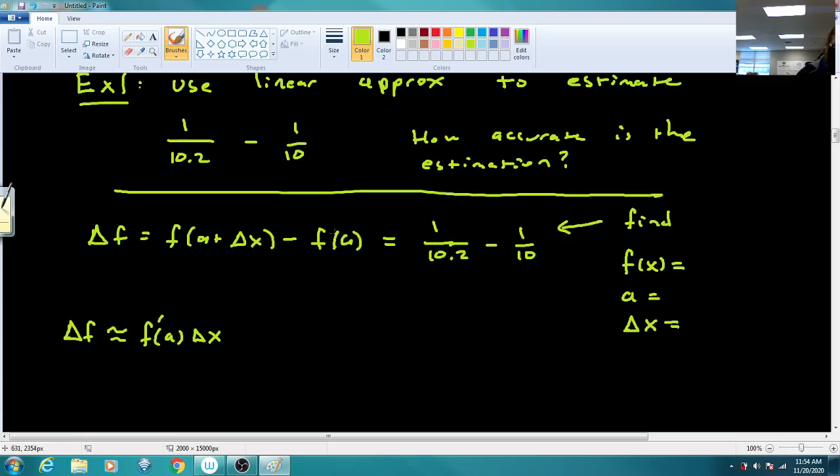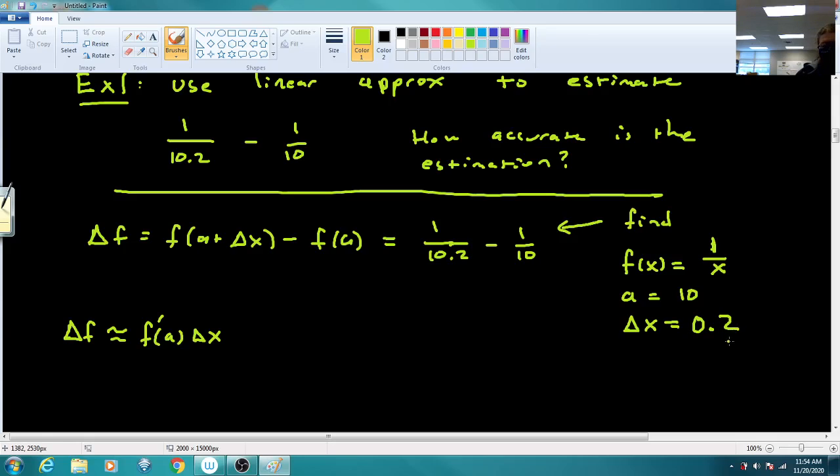So if we think about f of a needing to be 1 over 10, and then f of a plus delta x is 1 over 10.2, we're going to make 1 over x our function. We're going to say a is 10, and since 10.2 is 0.2 units from 10, our delta x will be 0.2.